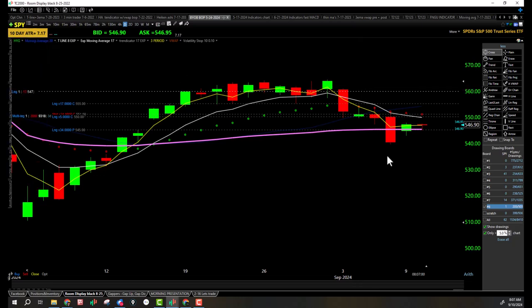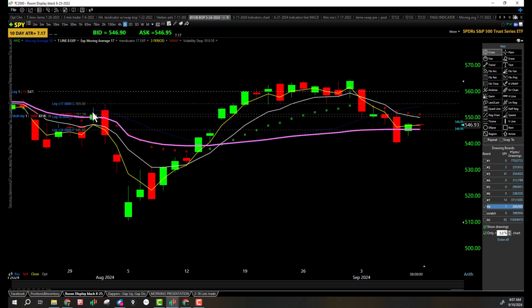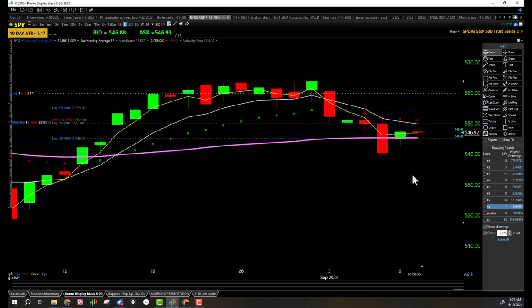So there's SPY. Looking to climb up this breakdown candle high, and then we'll start worrying about this one right here, start working our way back up once we get over 550. So price action is up over the all-time high anchored VWAP. That tends to make me bullish.